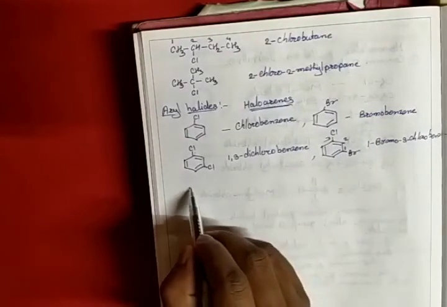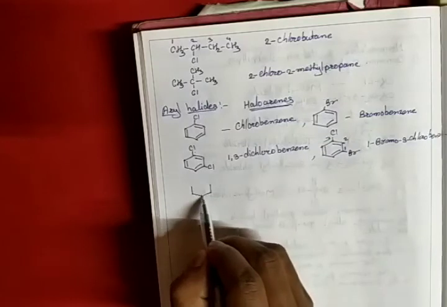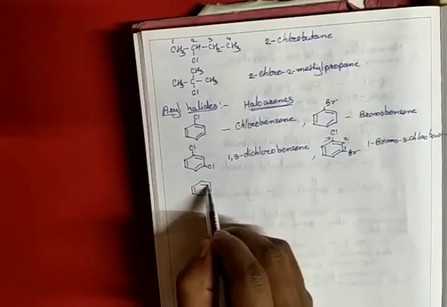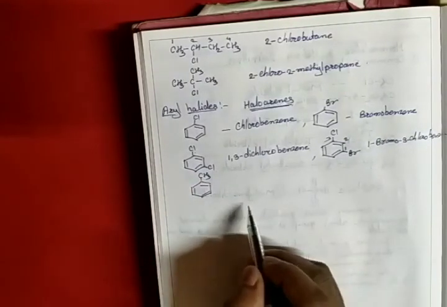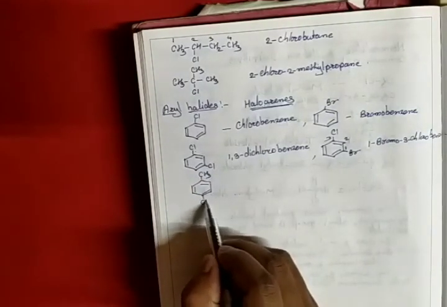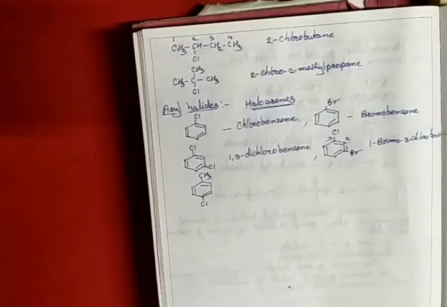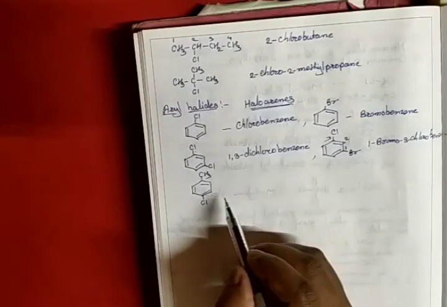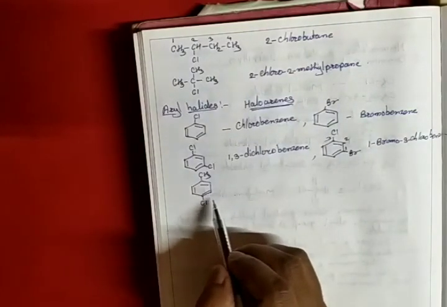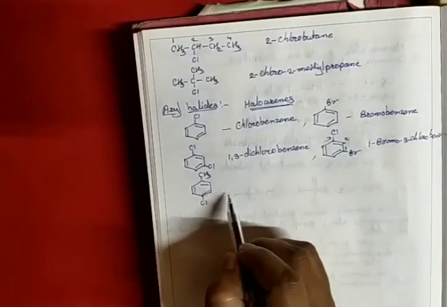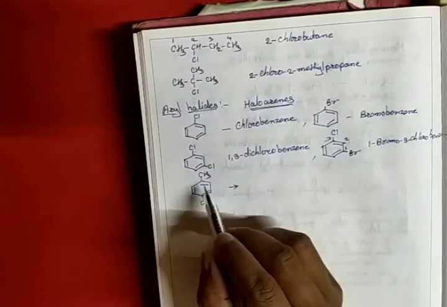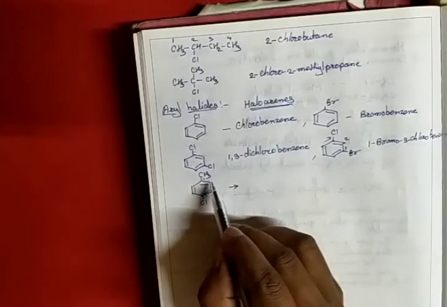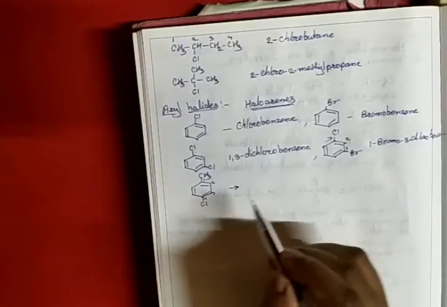One more example is given in your book. This is toluene, and to this toluene a chlorine atom is attached. We have to write its IUPAC name. This is the first position, second, third and fourth position.